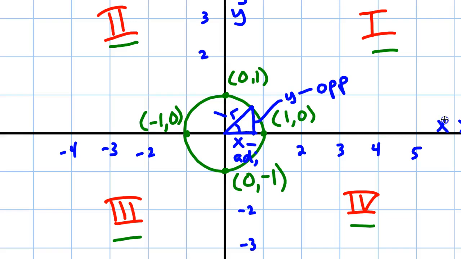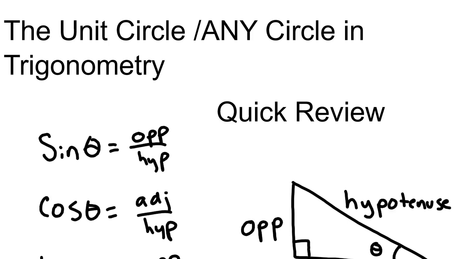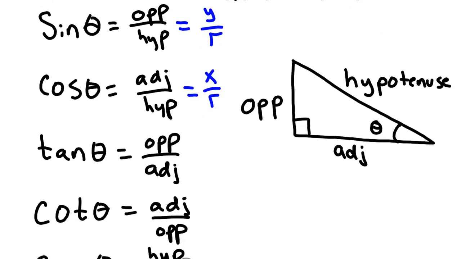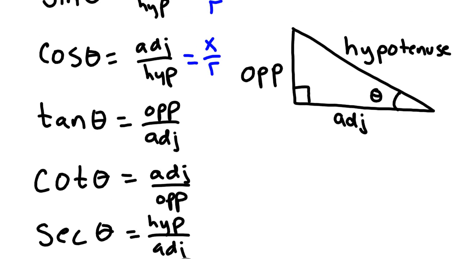And so we can go back to that review we had at the very beginning, and we can set that up. Sine is opposite over hypotenuse, so y over r. Cosine is adjacent over hypotenuse, x over r. So we're going back through and generating these. Tangent is opposite over adjacent, which is y over x.